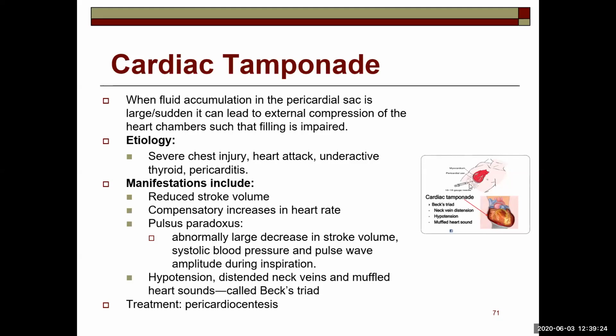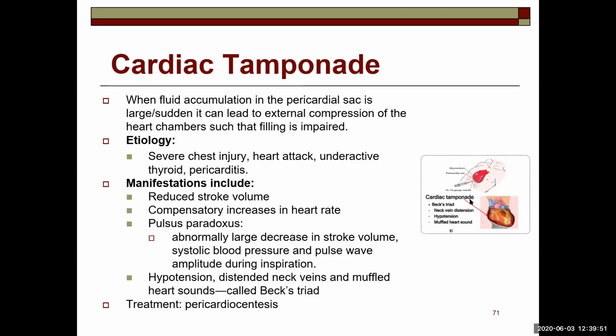When you have that, you're going to end up having what we call Beck's triad: neck vein distension, hypotension because you're not pumping enough blood, and then a muffled heart sound. So these three things are significant with cardiac tamponade.